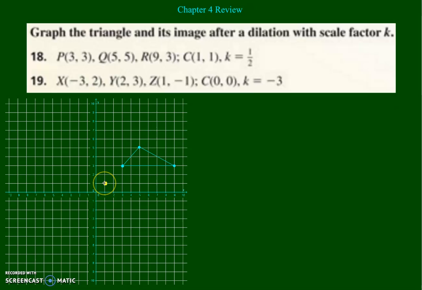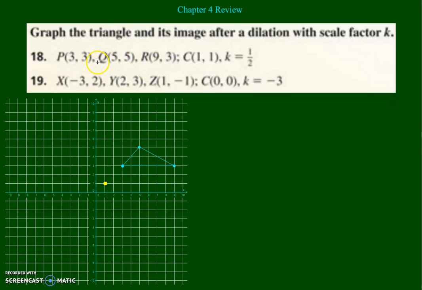So since this point has to move to the left one and down one to be over the top of the origin, each one of these points has to move to the left one and down one before we do our dilation. If we were to dilate with the points in their original position, they would be dilated with respect to the origin, and that's not what we want. We want it dilated with respect to this point. So we have to account for this offset from the origin. Now the way we do that is by doing the following.